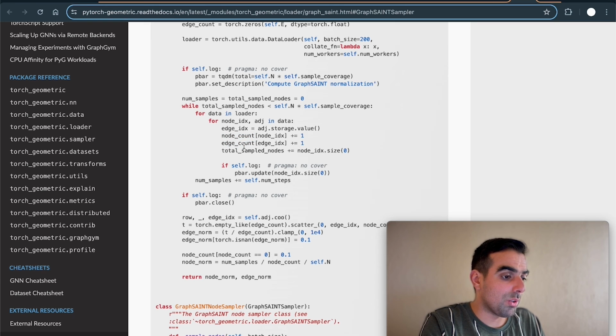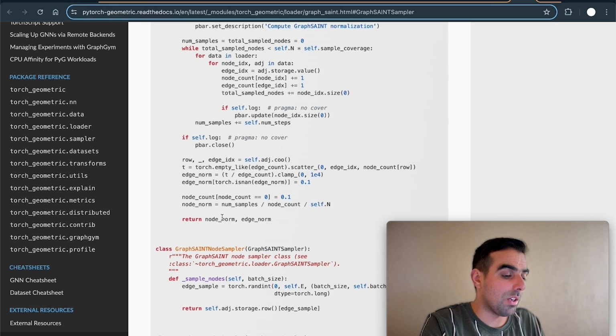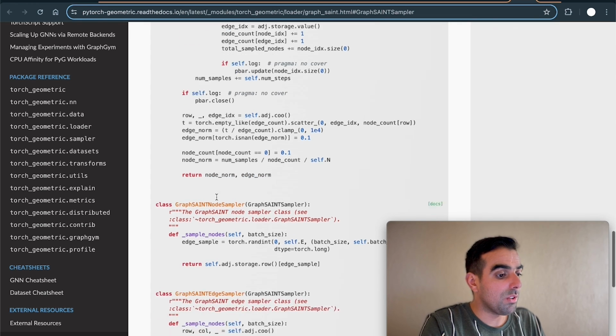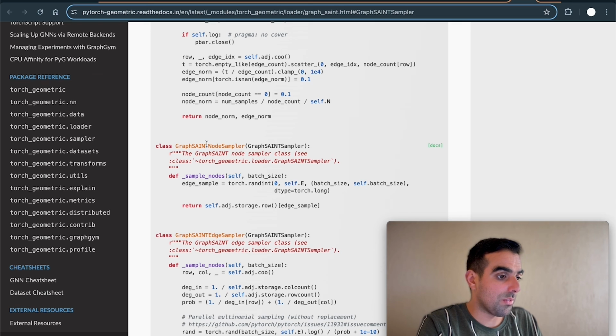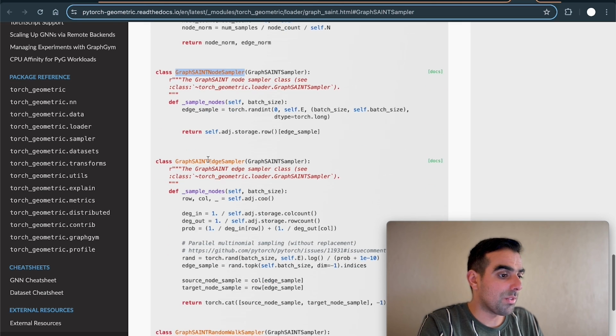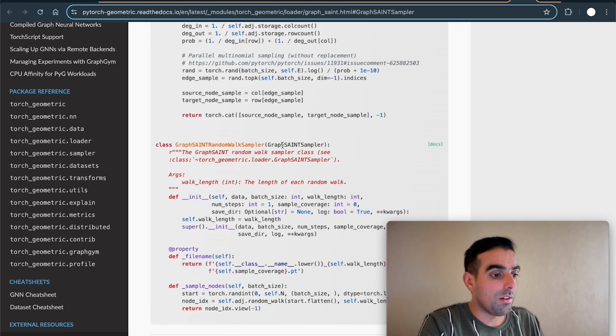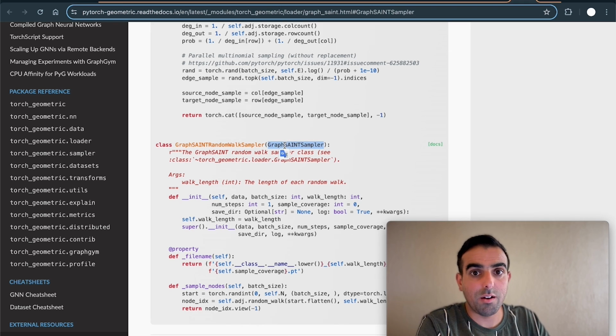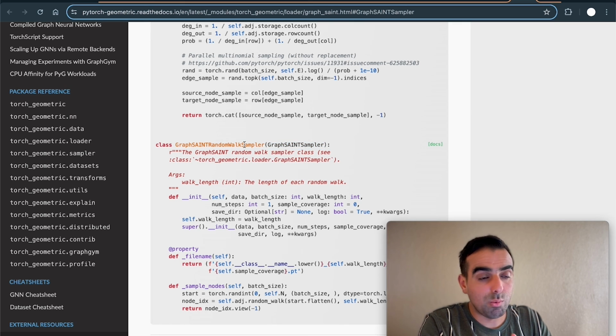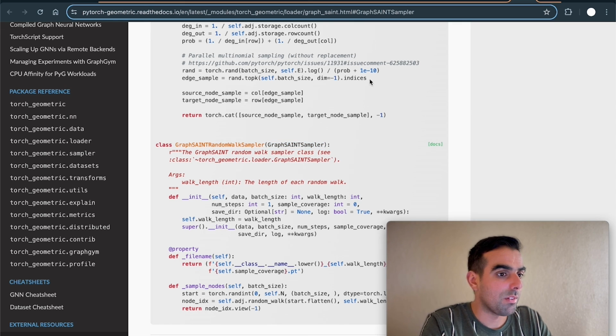So PyTorch Geometric uses this class to return the normalized nodes and normalized edges. Then it uses the following classes: GraphSAINT node sampler, GraphSAINT edge sampler, and GraphSAINT random walk sampler. So the GraphSAINT sampler is used to prepare the sampling probabilities, and then you choose how you would like to sample from the graph. So this is how it's implemented in PyTorch Geometric.